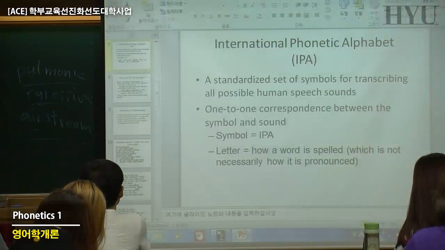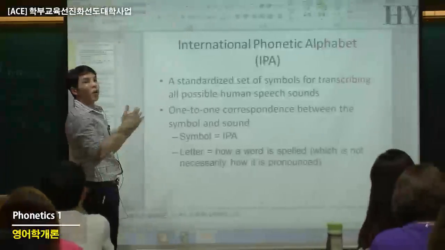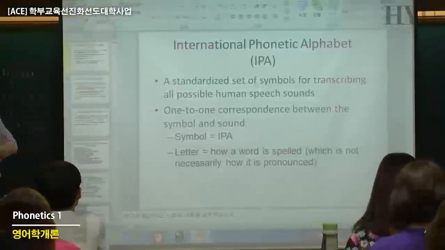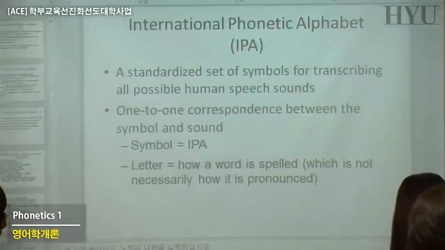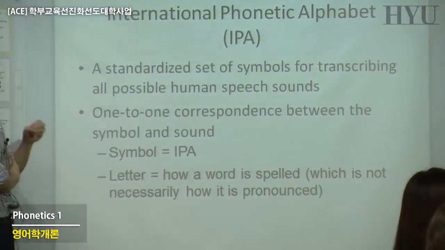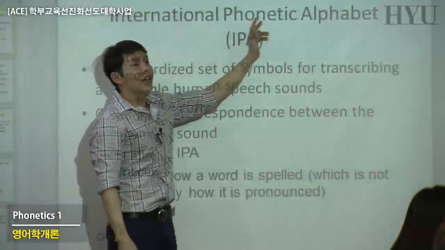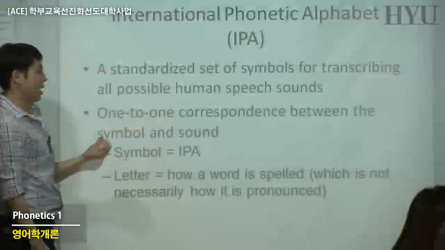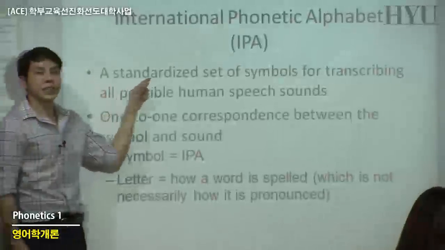The next thing that I would like to talk about is when we describe sounds. There are different sounds in English and in other languages. When we describe sounds, we use what we call the International Phonetic Alphabet. This is a set of standardized symbols.